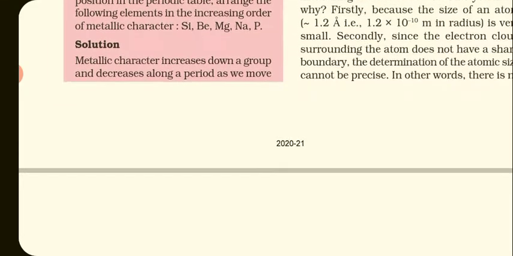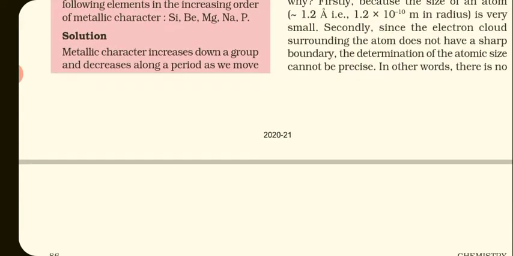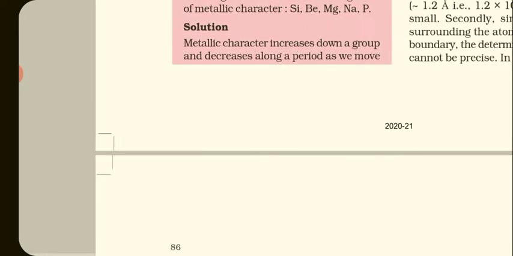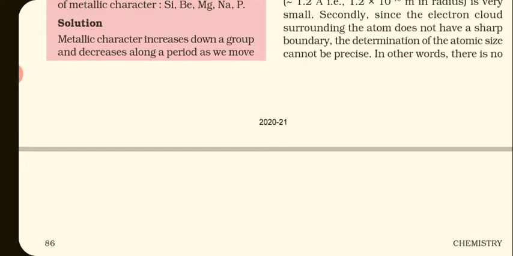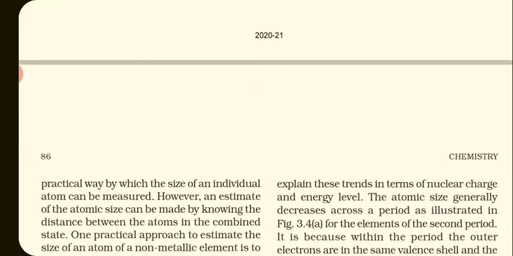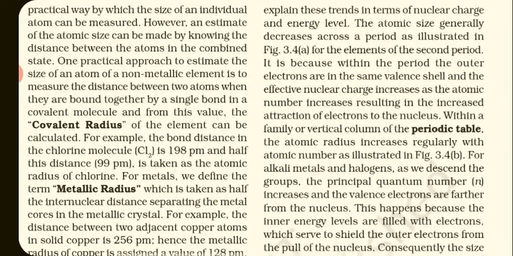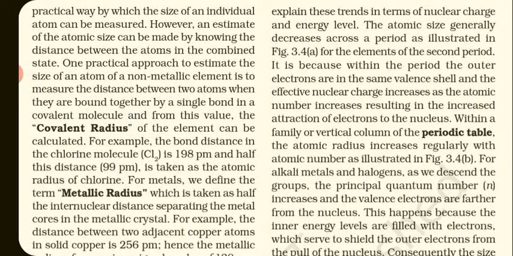Secondly, since the electron cloud surrounding the atom does not have a sharp boundary, the determination of the atomic size cannot be precise. In other words, there is no practical or easy way by which the size of an individual atom can be measured.